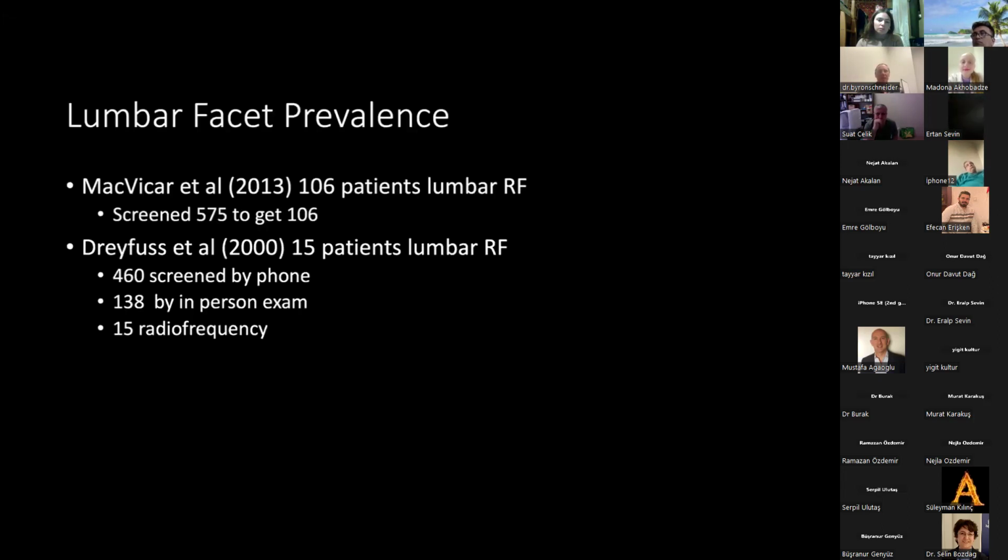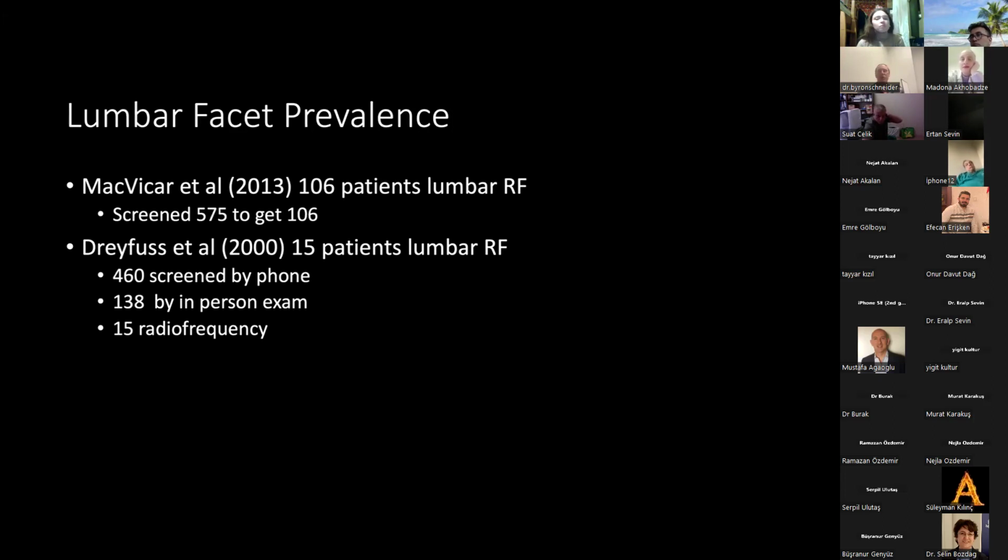If we look at certain studies that we'll talk more about radiofrequency ablation later, and how it's diagnosed in terms of medial branch blocks. But if you look at studies that were meticulous in diagnosing facet pain as the cause of their low back pain before treating them, we see that in John McVicker's study out of New Zealand, he screened almost 600 patients to get down to 106 patients that he diagnosed with facet pain.